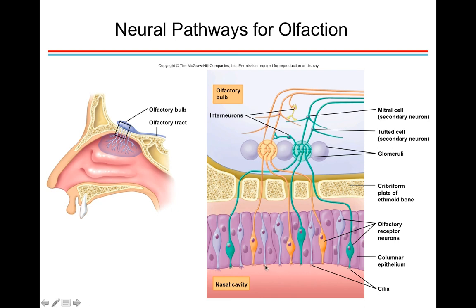And if they detect their chemical, right, they can then basically depolarize and send neurotransmitters to these glomeruli, where they can secrete the neurotransmitters to these interneurons that will then be sending information to the central nervous system.